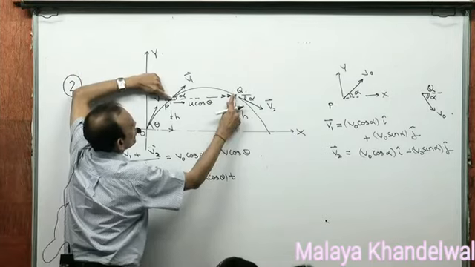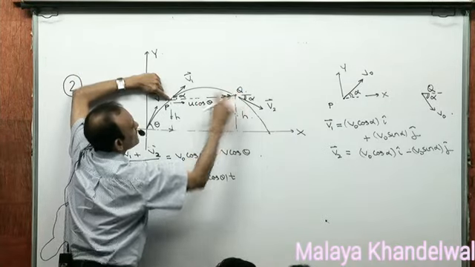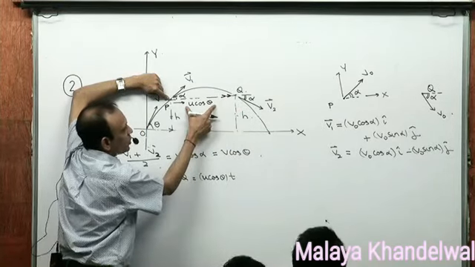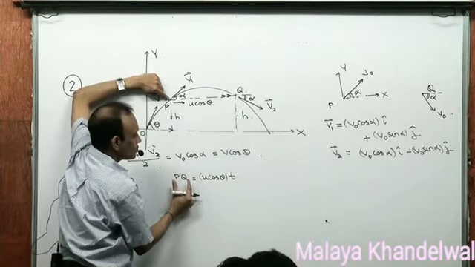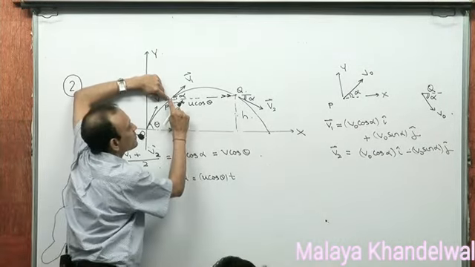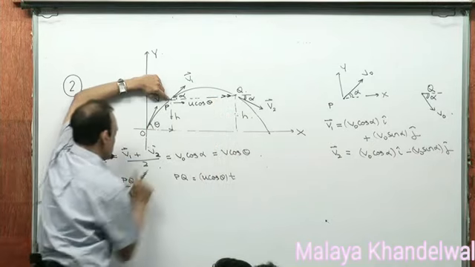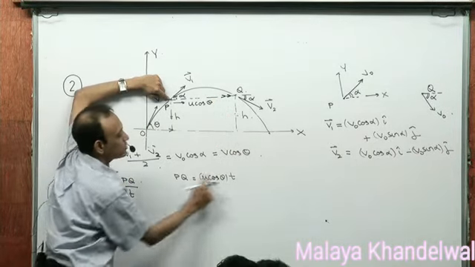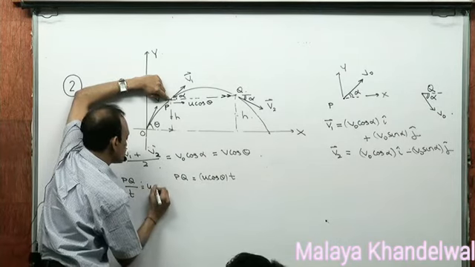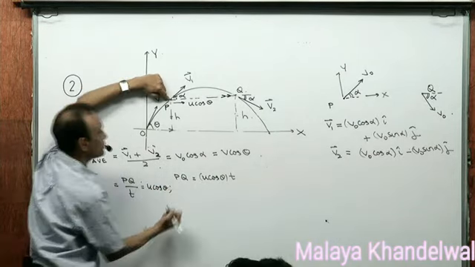So PQ, displacement in this direction, is caused by velocity u cos theta acting for t seconds. So PQ must be u cos theta into t. What is the average velocity from P to Q? Total displacement PQ by total time taken t, which is u cos theta.